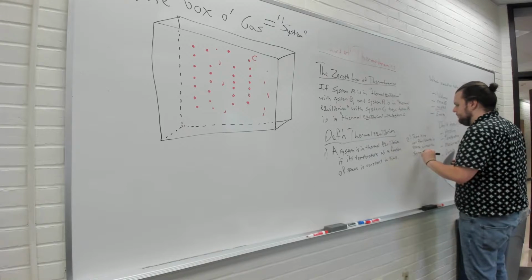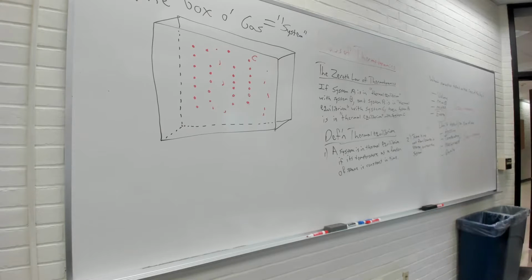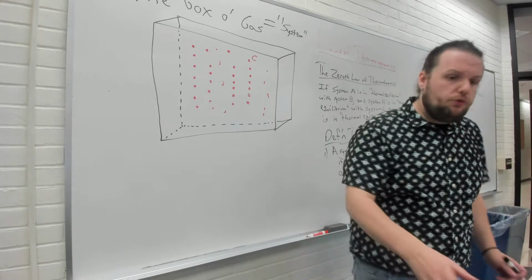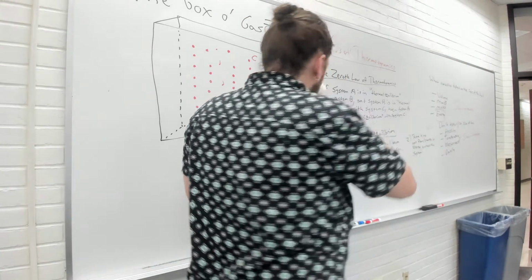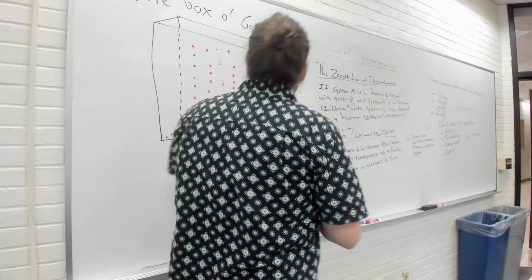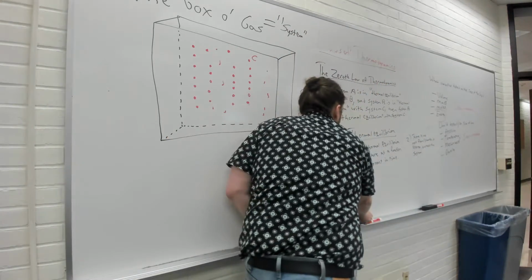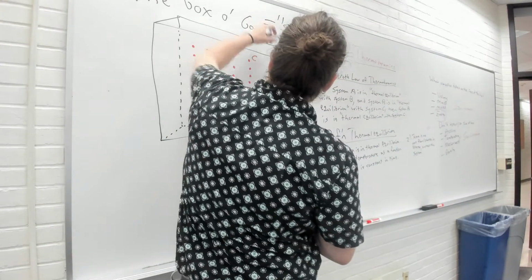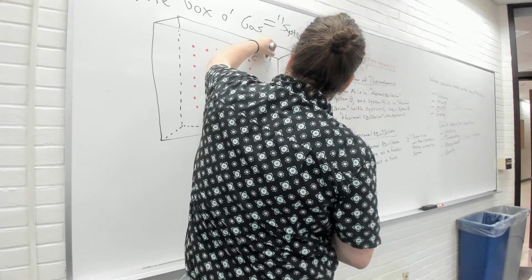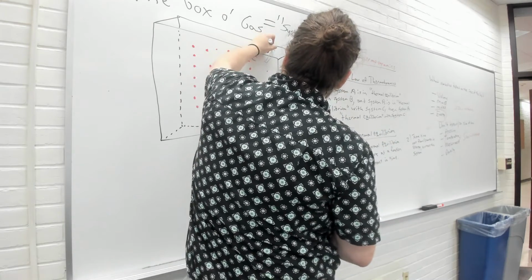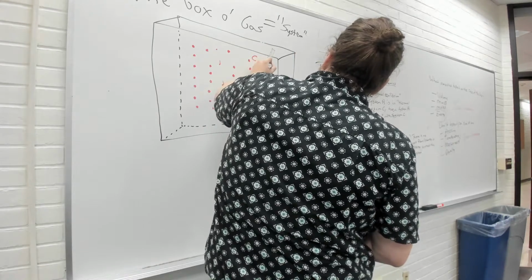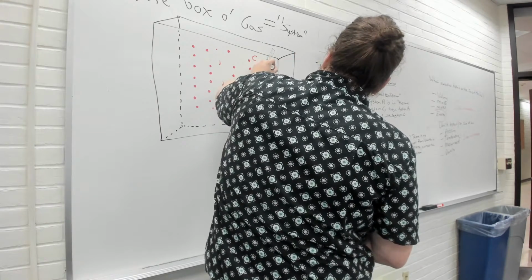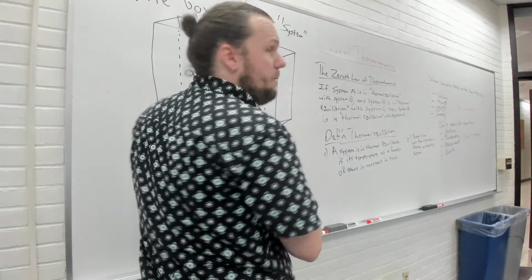Let me explain what I mean by that. Let's, for instance, imagine we have this really cool thermometer that we can stick in our box. So let me draw it with paint. Imagine we put a thermometer here, a thermocouple as we call it, and we want to measure the temperature at this point, T of X, Y, Z. All right, so we measure temperature there.